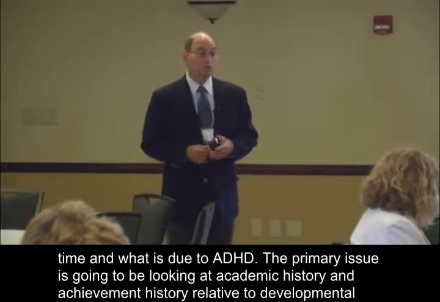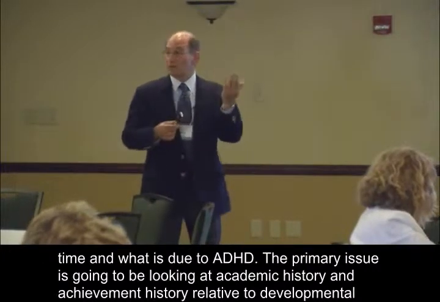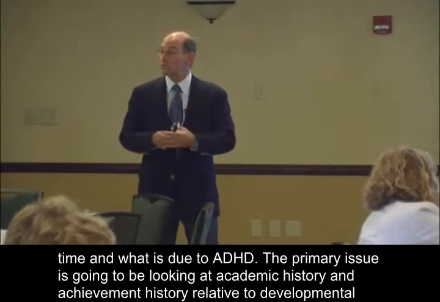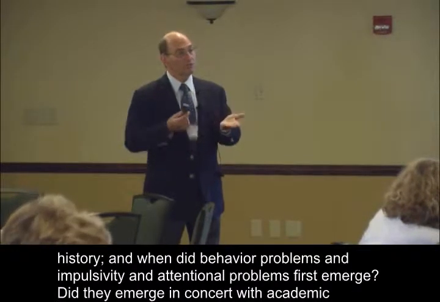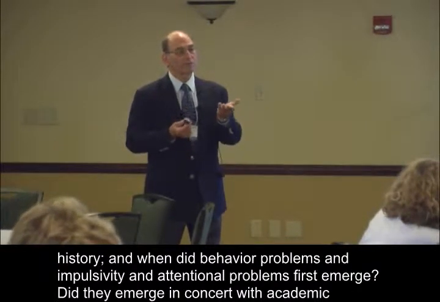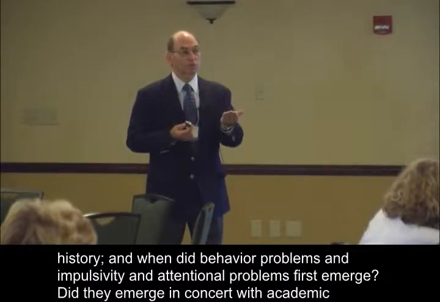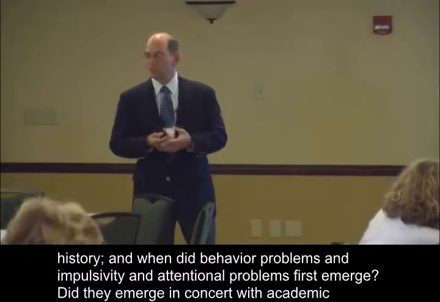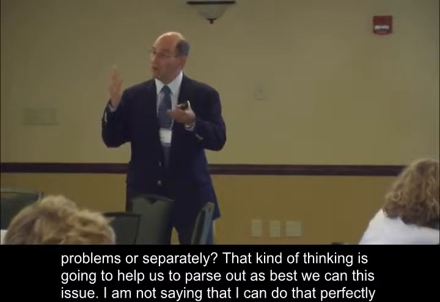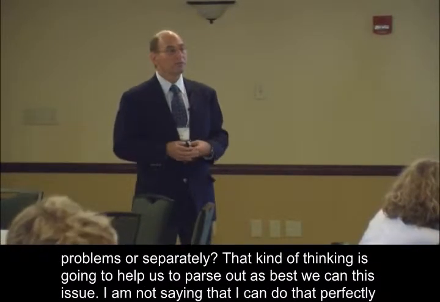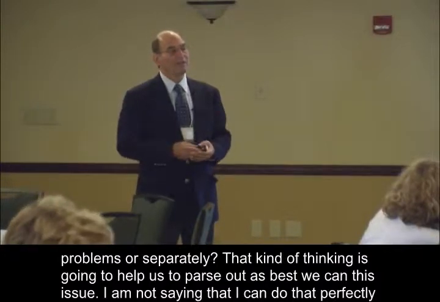And the primary issue is going to be looking at academic history and achievement history relative to developmental history, and when did behavior problems and impulsivity and attentional problems first emerge, and did they emerge in concert with academic problems or separately.